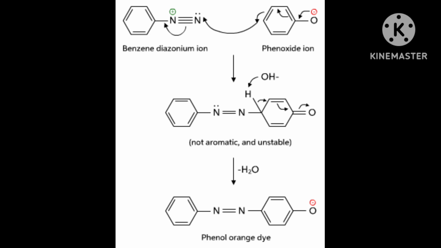Then what will happen? Because you are doing reduction, NO2 is there. NO2 you can convert to NH2, because in the presence of Sn and HCl, the oxygen will go as H2O, water, and in its place hydrogen will join.